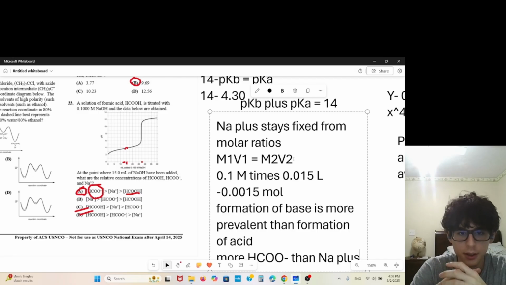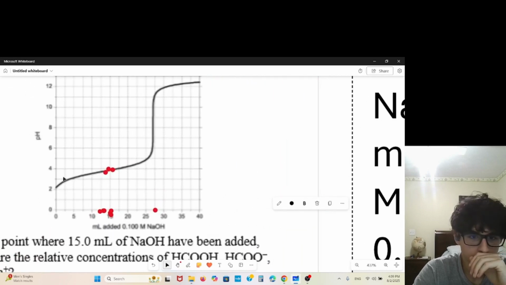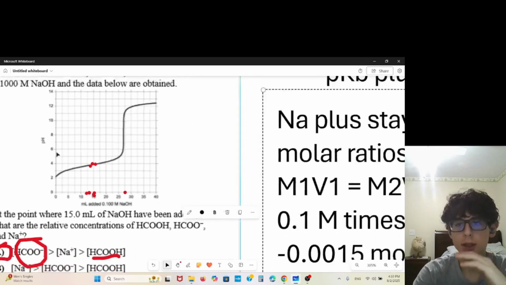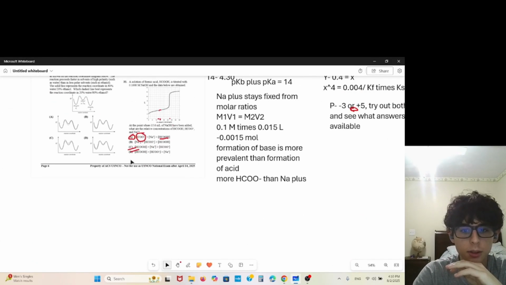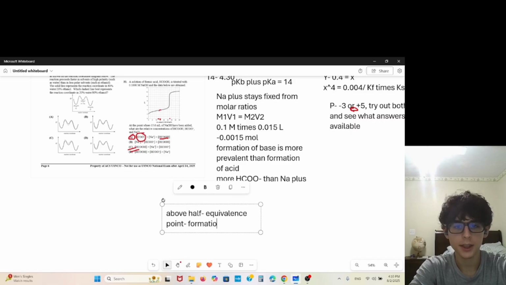Now there's a twist here. Any point in this buffer region is going to have an equilibrium. Basically, because we're above the half equivalence point, formation of base is more prevalent than formation of acid.